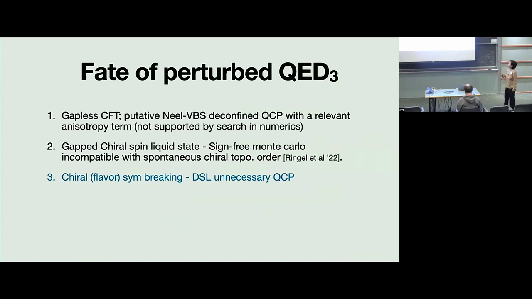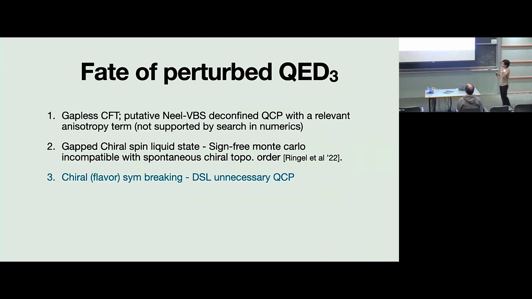So the possible fate, one can make conjectures. The first one is it still flows to some gapless conformal field theory. And furthermore, in that strongly correlated fixed point, if the Néel VBS anisotropy is relevant, then this describes the deconfined QCP on the square lattice, which is not supported in the numerics.